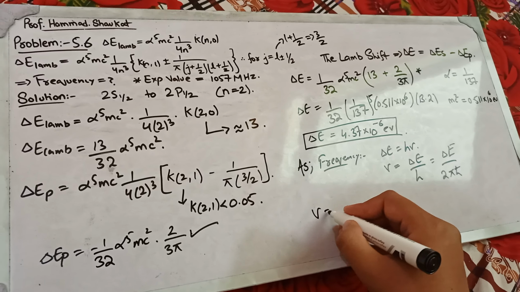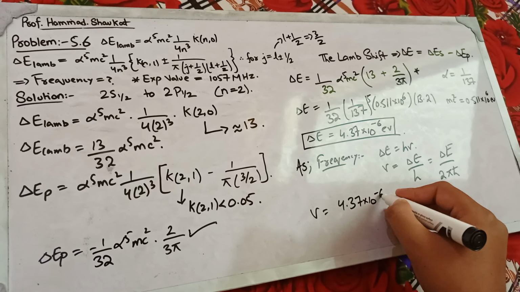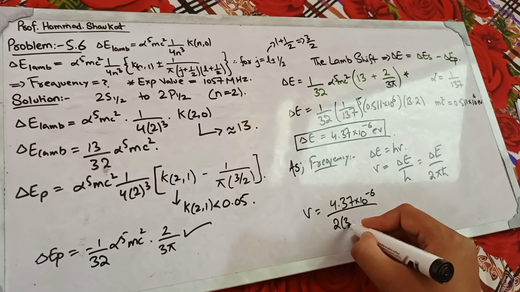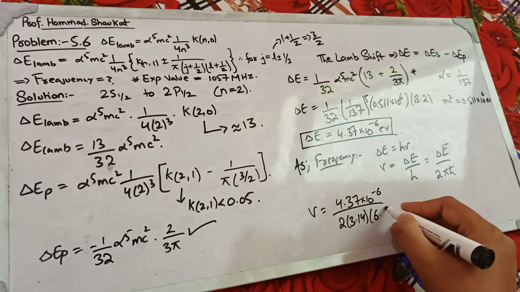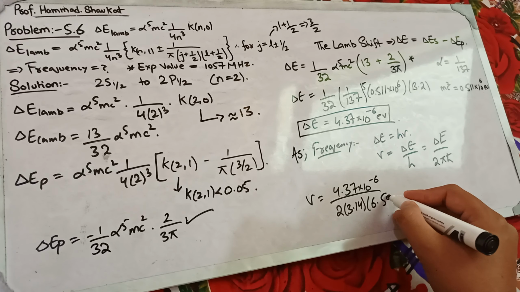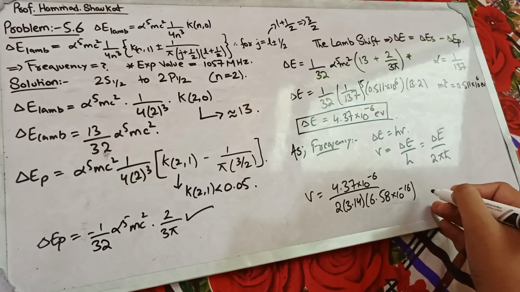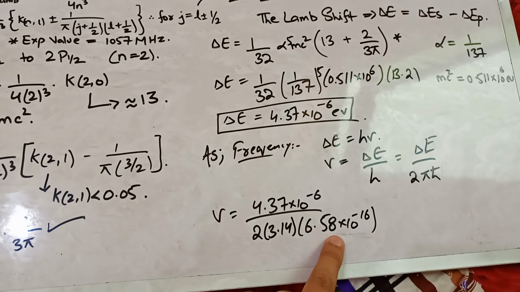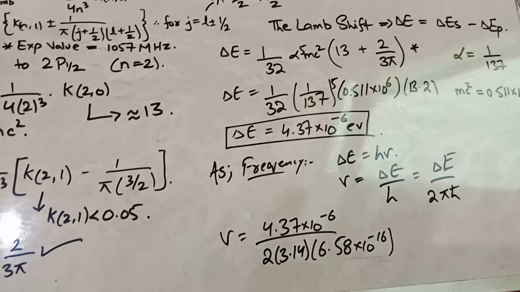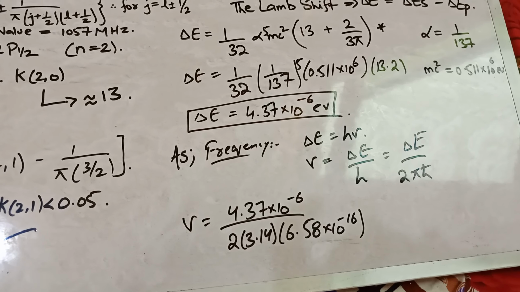Just put in the values: delta E is 4.37 into 10 raised to minus 6, divided by 2 times pi, which is 3.14, multiplied by h-bar, which we know is 6.58 into 10 raised to minus 16. Understood? This is the value of h-bar in terms of electron volts.